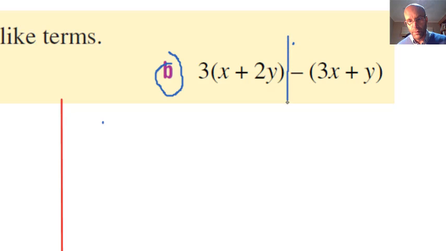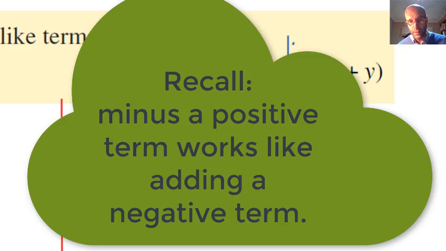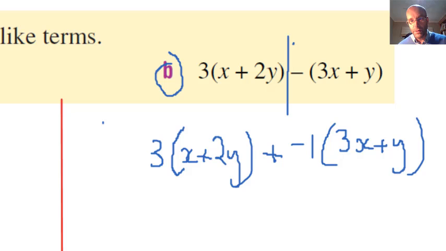Everything from the right of this blue line is minused off, so we need to be careful with that. 3 outside of x plus 2y and minus everything else. That means plus negative 1 outside of 3x plus y.